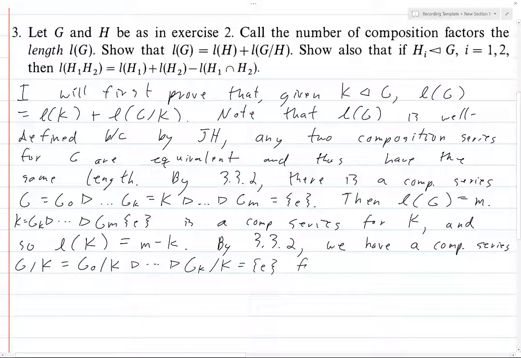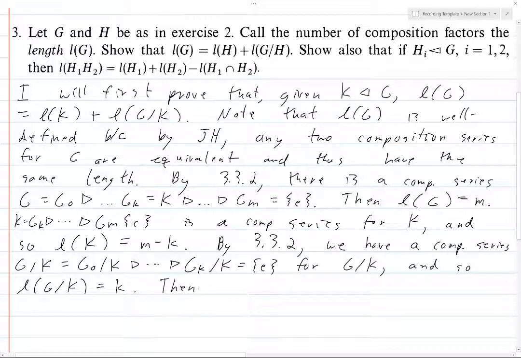So this is a composition series for G mod k, and so the length of G mod k is, again, we have these indices here from 0 to k, and so it's just going to be k.